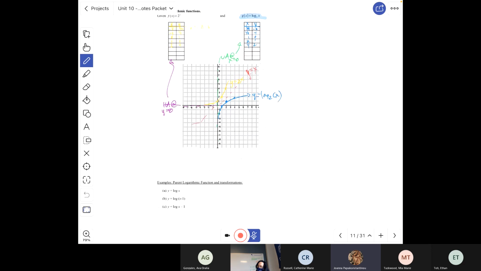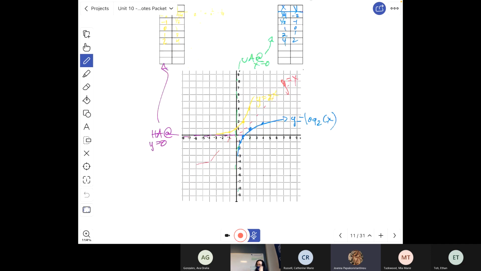Now, can we apply transformations to these? You bet. And you have to perhaps think back to the exponential function. What would the transformations be for the exponential function, and how would that affect the graph? So let's go back to this original one.